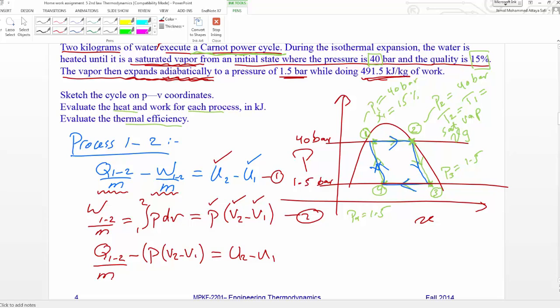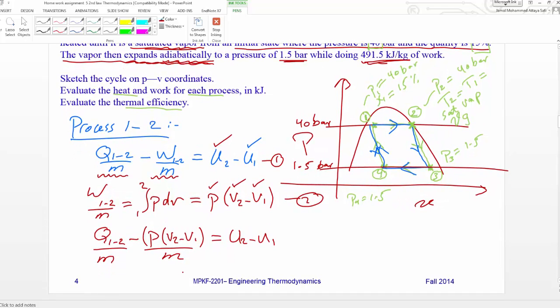You can put this on mass, and even this can put it on mass, right? And if you do so, as you can see, you can even find q from 1 to 2 divided by the mass. That is h2 minus h1, just in this case.